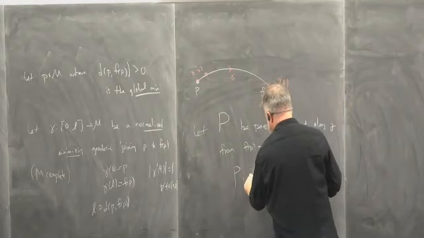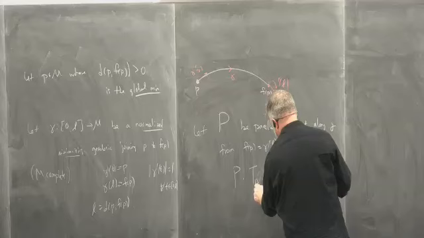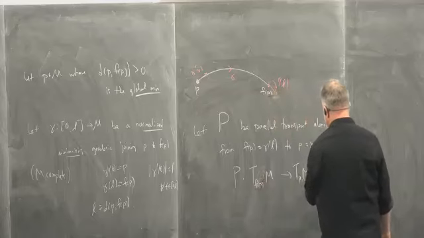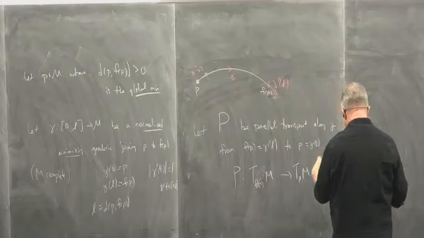So capital P goes from T_P M, T_{F(P)} M to T_P M, and it's an isometry. Parallel transport is an isometry.